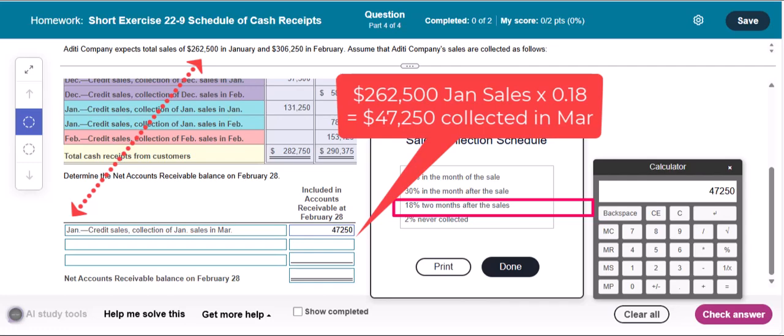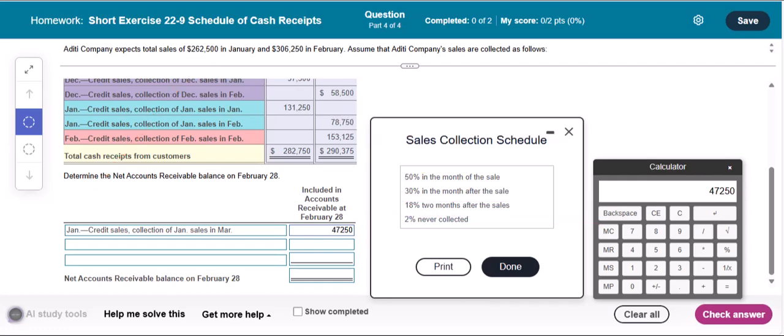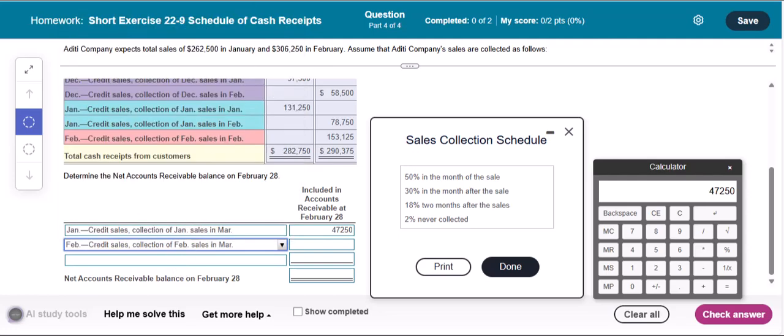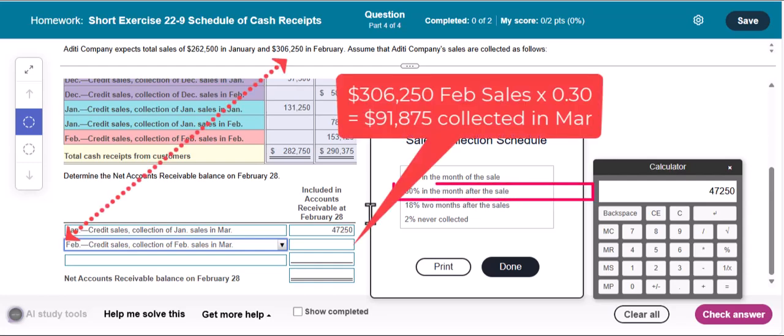So now let's talk about the February sales. So how much of February sales will be collected after February? So that label is going to be February credit sales, collection of February sales in March. So that is 30% in the month after the sale, because March is after February. So we're going to have the 306,250 total sales multiplied by that 30%.